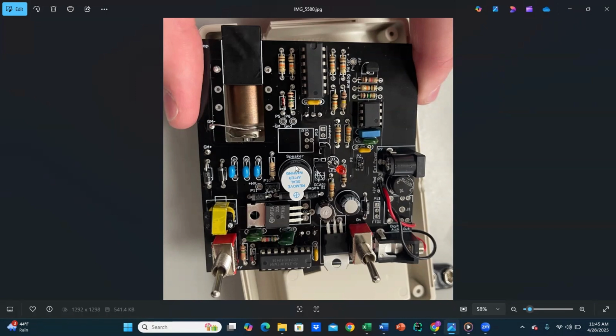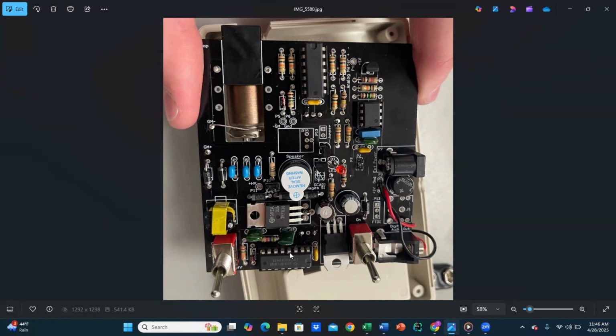Then we have a capacitor. This is where your power comes in through your 9-volt battery, or if you plug in right here with your computer, then this is the bridge rectifier that I have a video of me soldering. Here's our switch, turn it on, and a switch for audio.